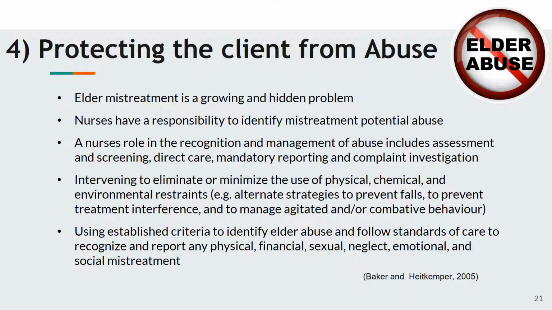A nurse's role in the recognition and management of abuse includes assessment and screening, direct care, and complaint investigation, intervening to eliminate or minimize the use of physical, chemical, or environmental restraints to minimize injuries, using established criteria to identify elder abuse and following standards of care to recognize and report any physical, financial, sexual, neglect, emotional, and social mistreatments.